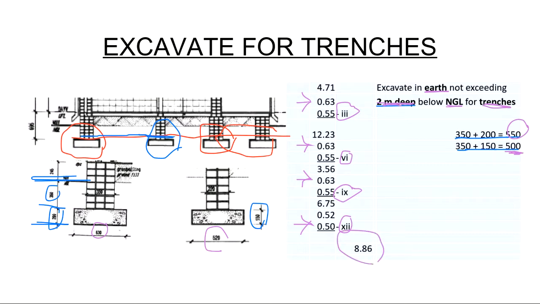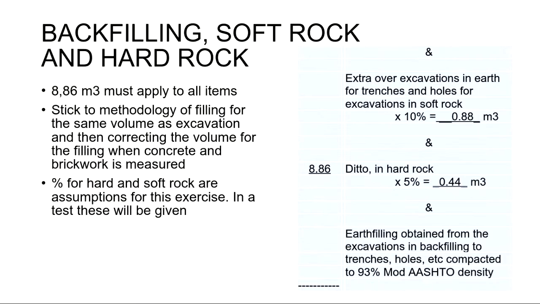And now for the next item, which would be the backfilling and the hard and the soft rock. Again, as for the previous example, I am sticking to my methodology over here. I'm combining 4 measurable items with 1 set of dimensions.